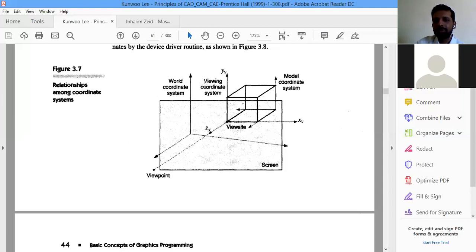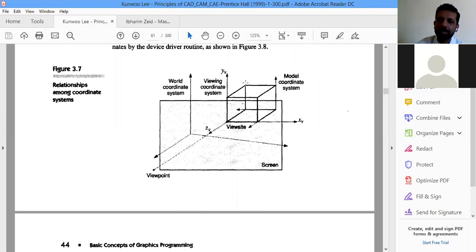The next thing is the viewing coordinate system. In the viewing coordinate system, there are two things that we generally have. One is whether we want to have it in two-dimensional form or in three-dimensional form. That is the first thing. The second thing is how it should be projected. There are two types of projections, which is nothing but a concept taken from engineering drawing itself.